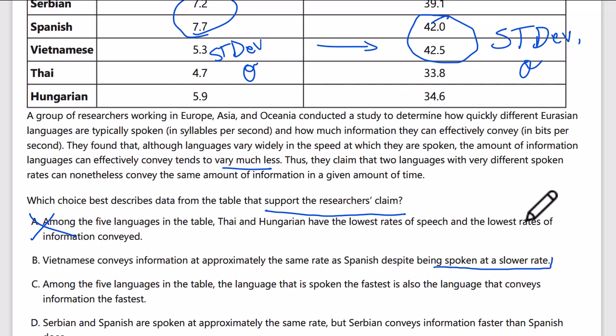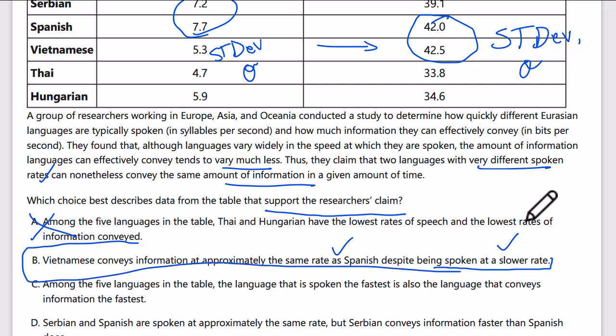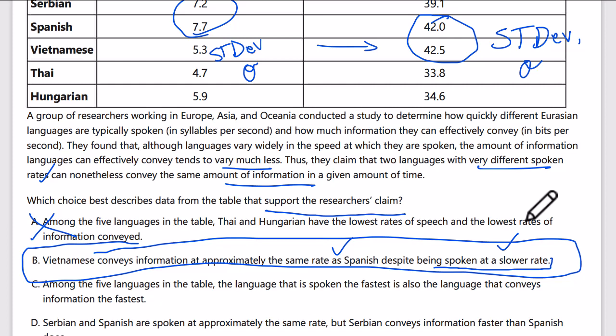So this could be an example. They have very different spoken rates. Yeah, and that checks here. And nonetheless, the same amount of information. That checks. I believe this is going to be our answer. At least this example supports it. Now, is there something else that supports it more with more examples?